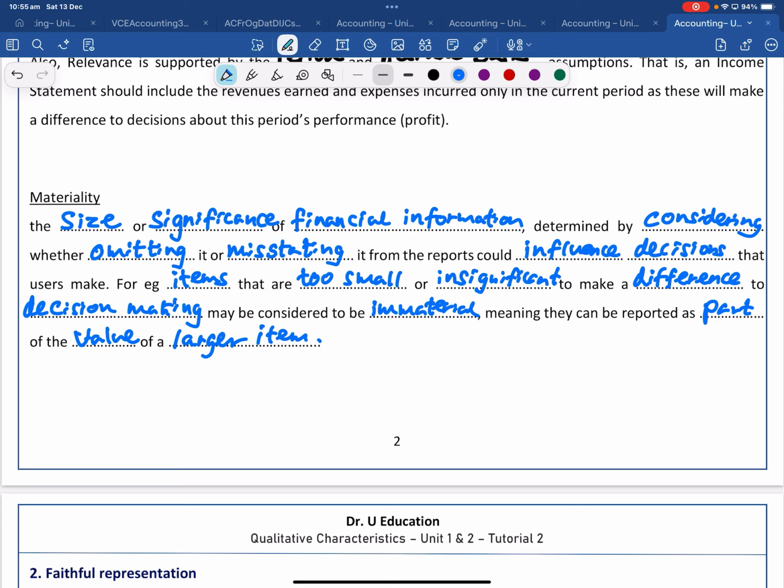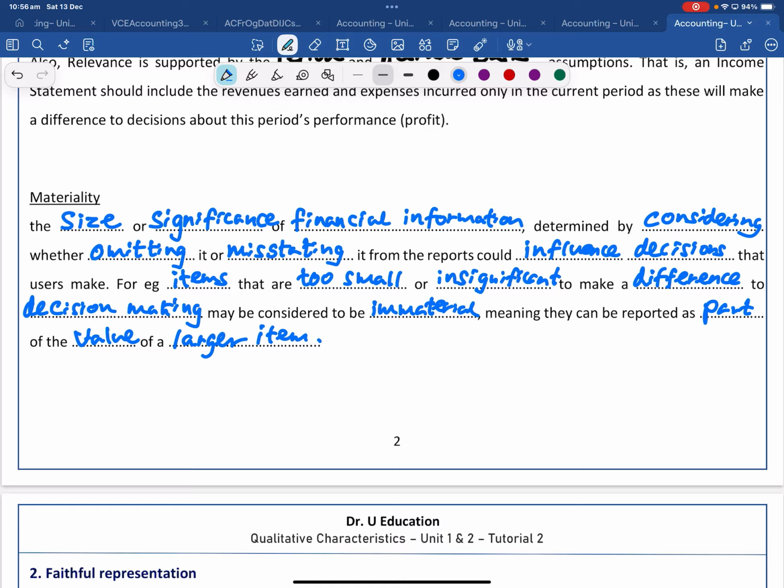Okay, I will explain. Basically, when we think about a particular transaction or an item, we determine its size or significance based on how important it is for decision making. If we can determine that it is important in decision making, yes, we will include it in the business reports separately.